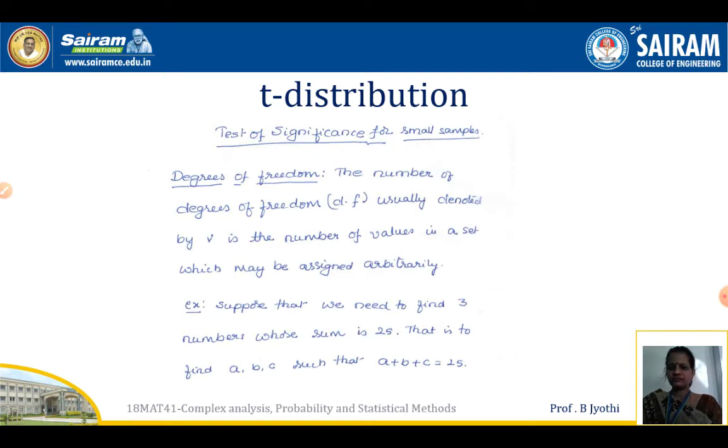So, degrees of freedom, usually denoted by nu, is the number of values in a set which may be assigned arbitrarily. Suppose that we need to find three numbers whose sum is 25, that is, to find a, b, c such that a plus b plus c equals 25.